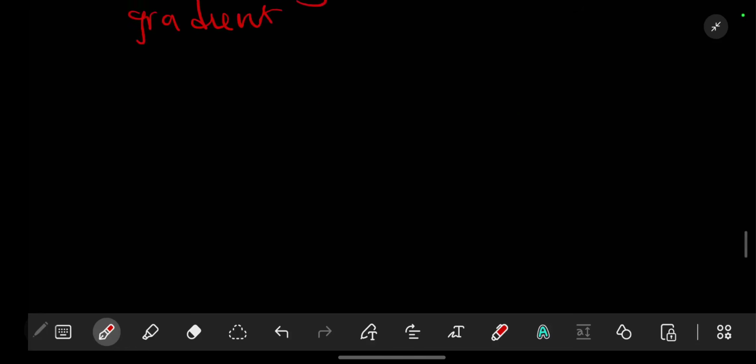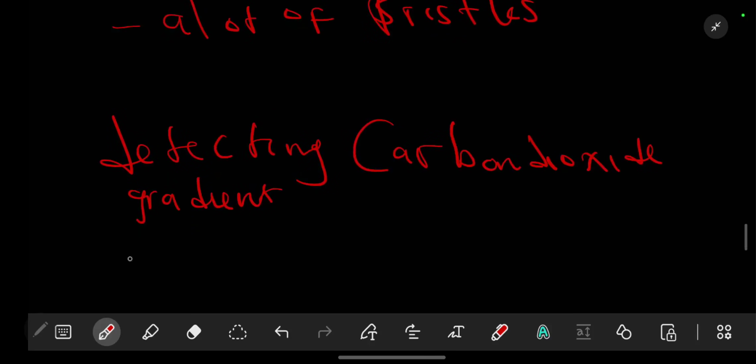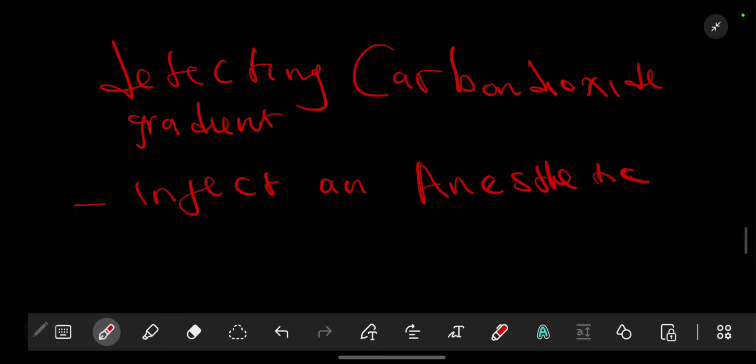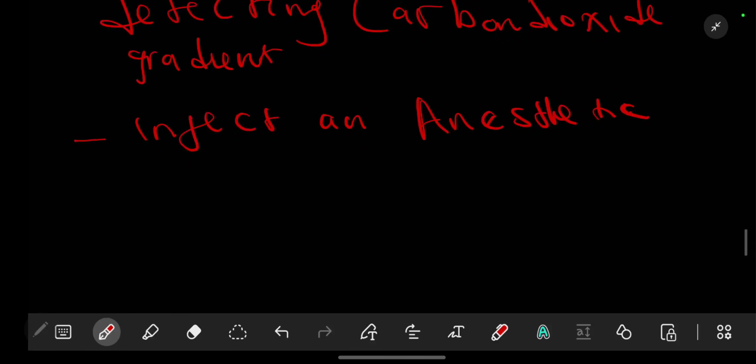The other thing that they do is that they are able to inject an anesthetic. An anesthetic is something that can be used to ease or reduce pain. If a person is undergoing surgery, they will be given an anesthetic to reduce the pain that they are feeling.